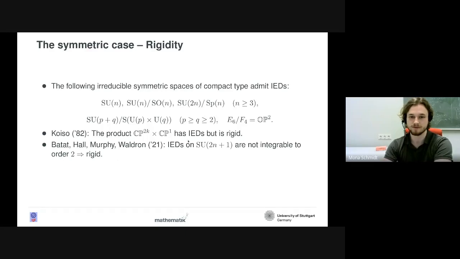So this Einstein metric on the space is rigid. Unfortunately, for the even ones, SU(2n), the obstruction to second order vanished, so one would have to look at the third order obstruction, which would involve even more work. Maybe someday.